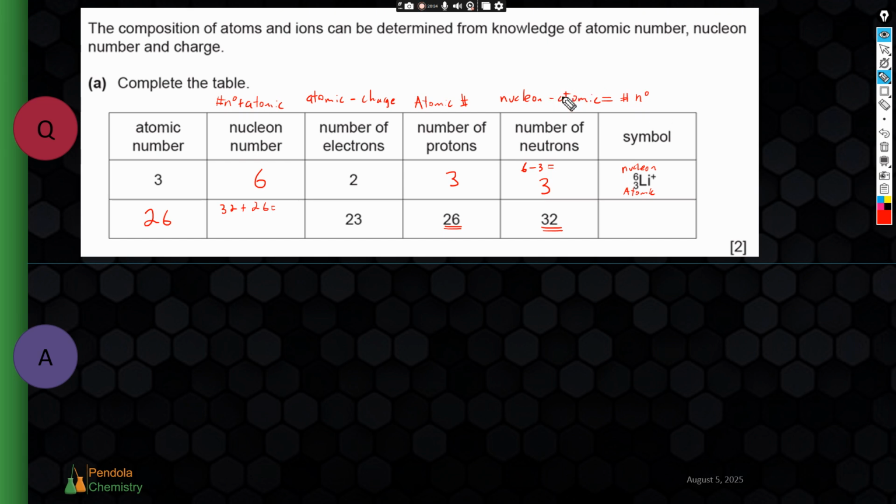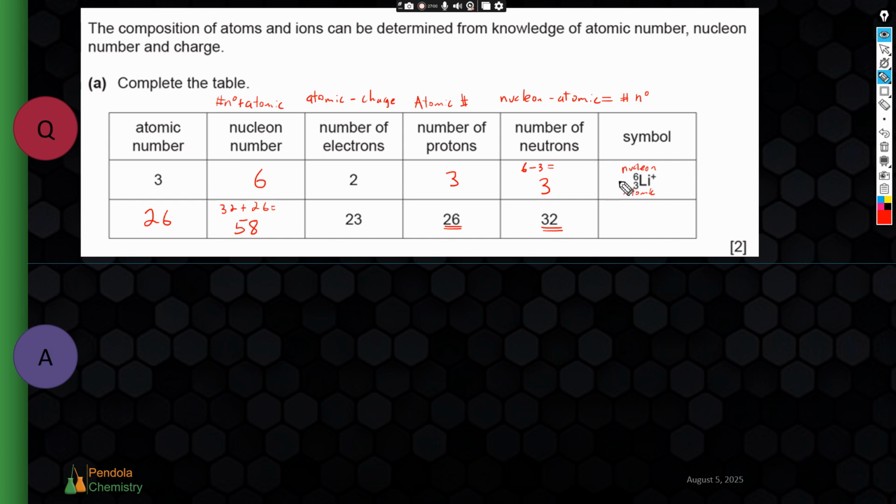When we rearrange this, the minus atomic number goes to the right side, which is why it's plus the atomic number. So 32, the number of neutrons, plus 26, the number of protons, gives us 58, which is our nucleon number.